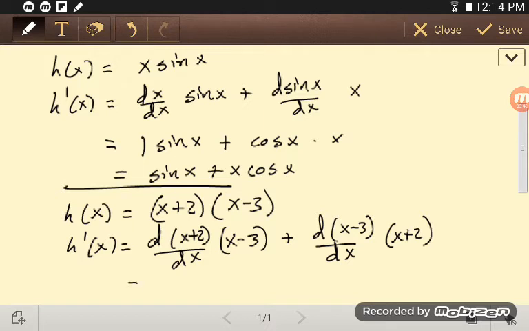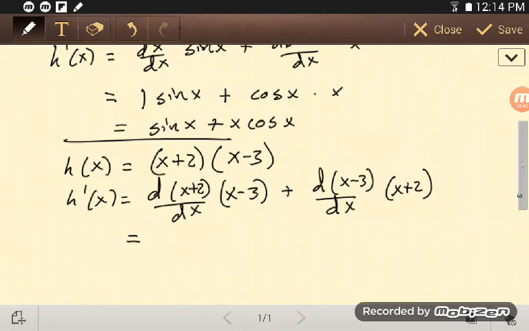Well, those derivatives are each just 1. So I get 1 here, because the derivative of x with respect to x is 1, and then the derivative of a constant is 0. So I get 1 times x minus 3 plus 1 times x plus 2. I add those together, I get 2x minus 1.